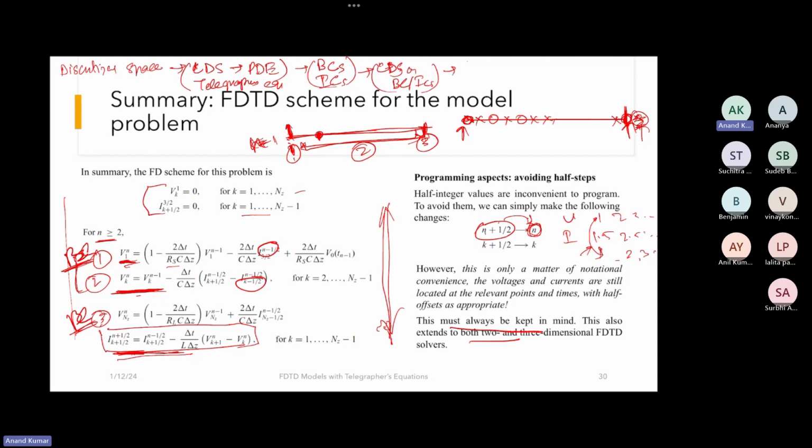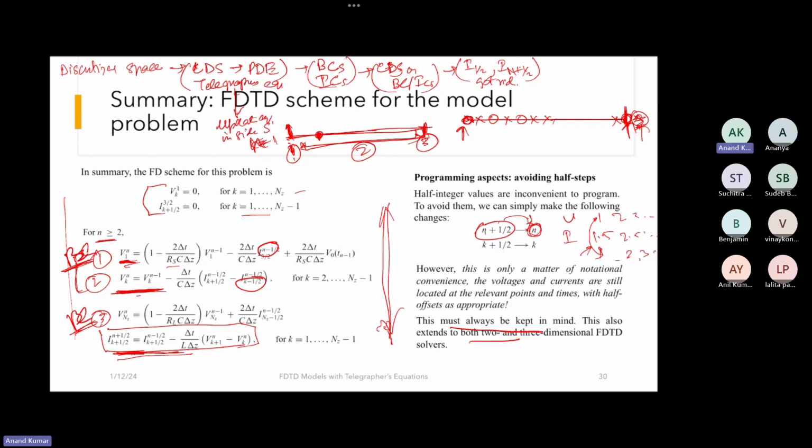We got rid of the I value at half and the I value at n plus half. And when we discretized these, we got the update equation inside the simulation space. When we got rid of those, we got update equations and boundaries.